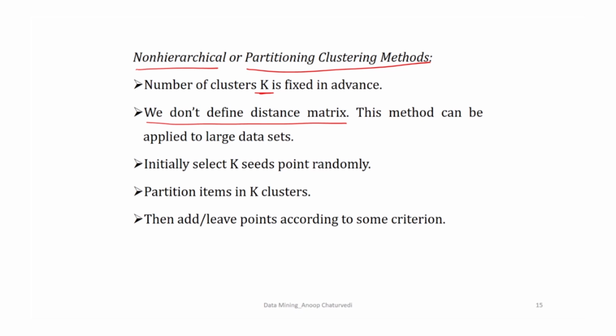So, we decide the number of clusters, then we initially select k seed points randomly. You have, say, n observations, and ultimately your objective is to assign each observation to a particular cluster. So, initially we assign different clusters to different observations randomly, or you can say that you select k seed points randomly, and then we partition items into k clusters.